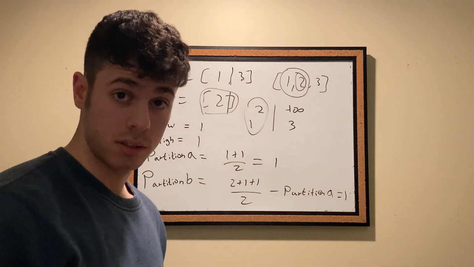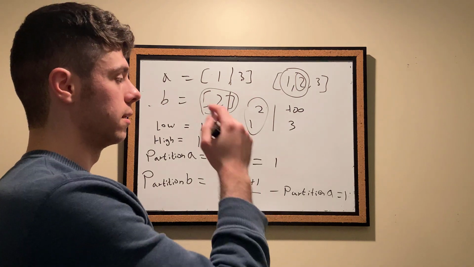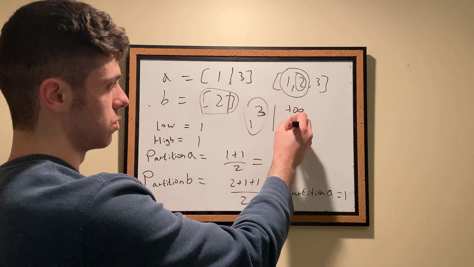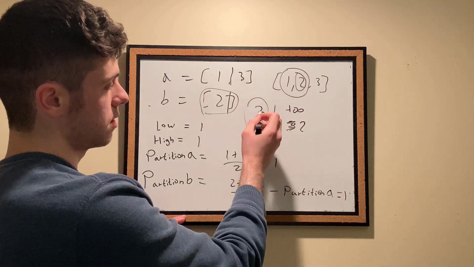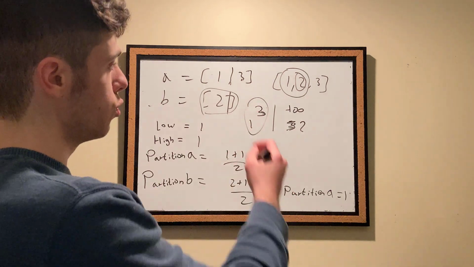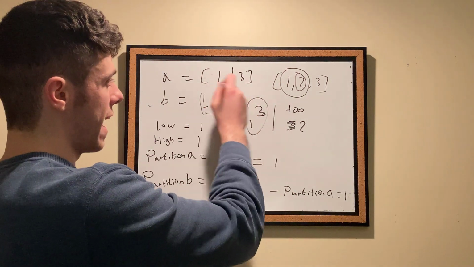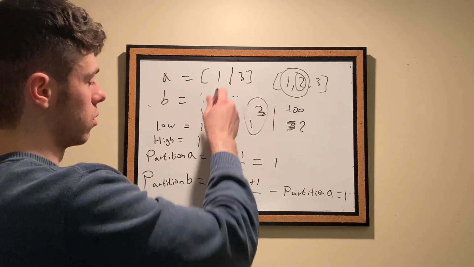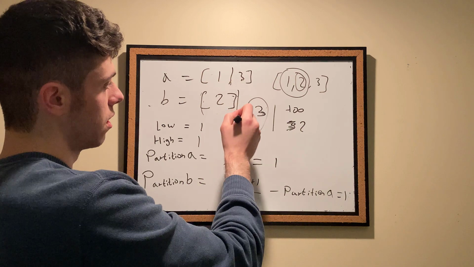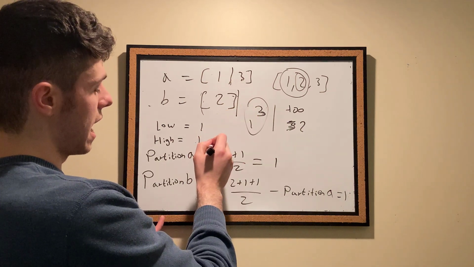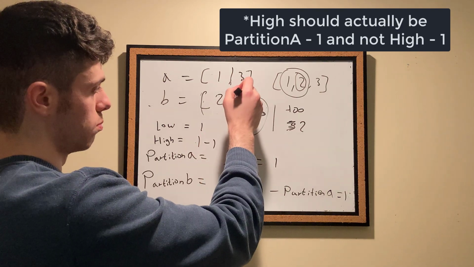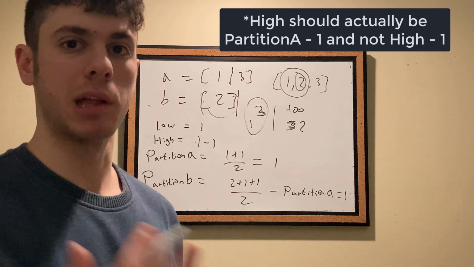In the other case, let's say this was 3 and this was 2 in another example. If 3 was greater than 2, what you would do in this case is you would move the binary search backwards. I don't know why I erased the whole thing, but essentially you would say high equals mid -1, so this would become 0, and essentially this would move backwards. So this is not applicable to this situation.